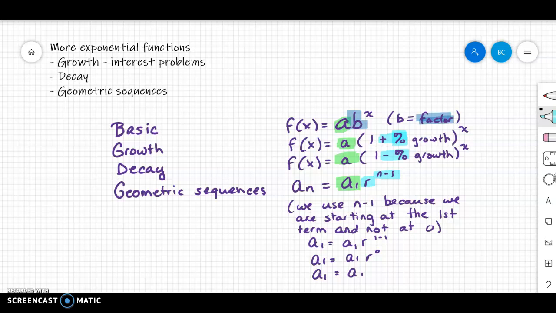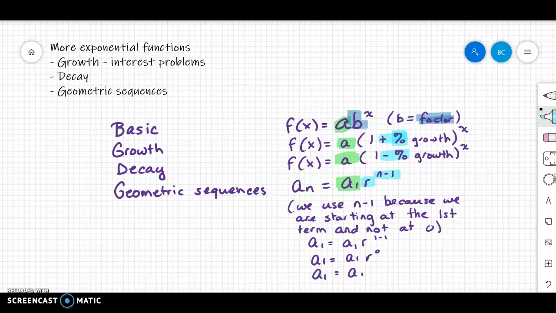I don't know if this is going to be helpful or more confusing, but my equation again is going to start with a sub 1. I'm multiplying it by the common ratio. Think for a minute about the first term. So if n equals 1, I've got 1 minus 1, which is going to be 0. And whatever the common ratio is to the 0 power, anything to the 0 power is going to be 1.